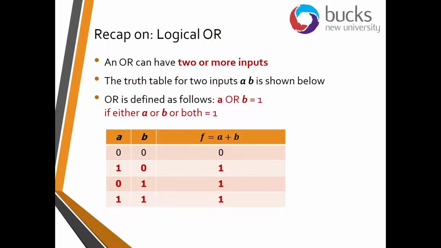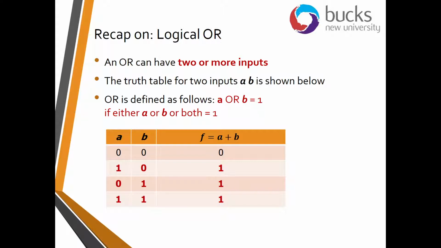With the logical OR, an OR gate can have 2 or more inputs, of course. The truth table for 2 inputs, A or B, is what we are looking at here below. OR is defined as follows: A or B will equal 1 if either A or B or both equal 1.